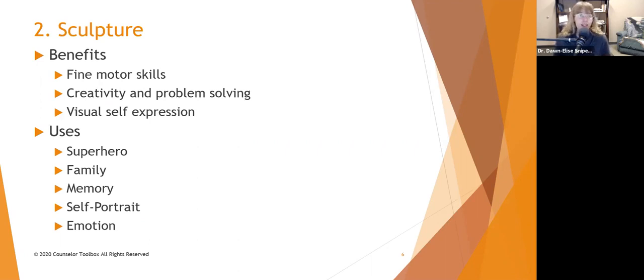And if you're a family therapist, or you work with a family therapist, you know that creating sculptures of their family members can be very helpful, because you learn a lot about people and their perceptions of their family members by the way they make their sculptures. Who's big, who's small, who's made of paper, who's made of stone. There's a lot of different things that you can draw from it.